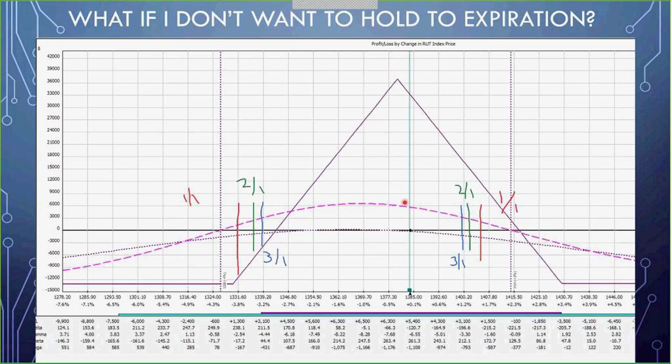Well, how do you trade this if you don't want to hold it all the way to expiration? Well, say that I'm willing to hold it 30 days out in the future. And I want a 1-to-1 risk reward, basically, I'm not accepting anything more than a drawdown of what I'm able to make within those 30 days.